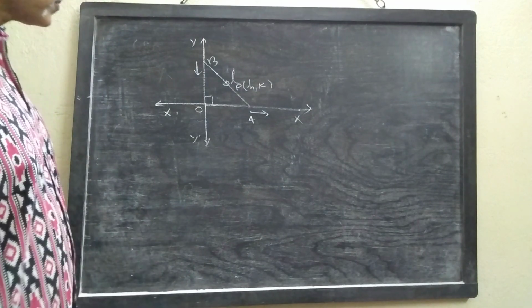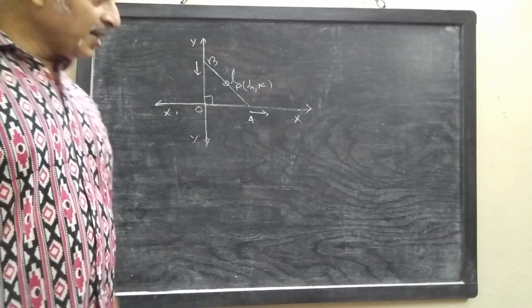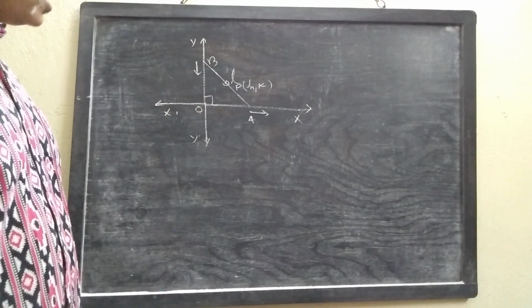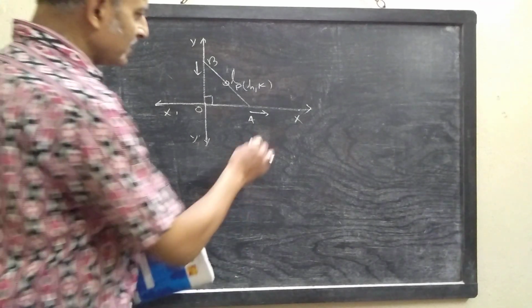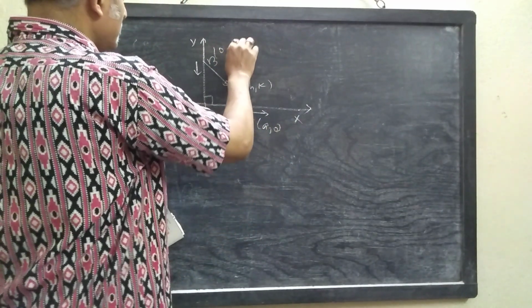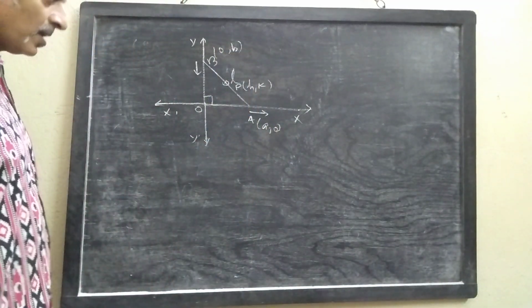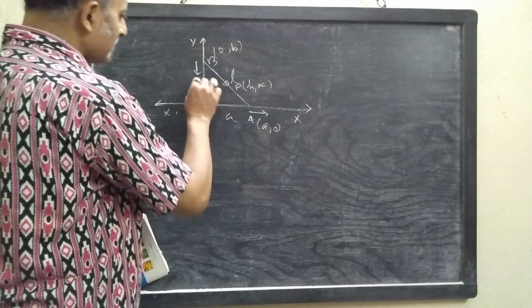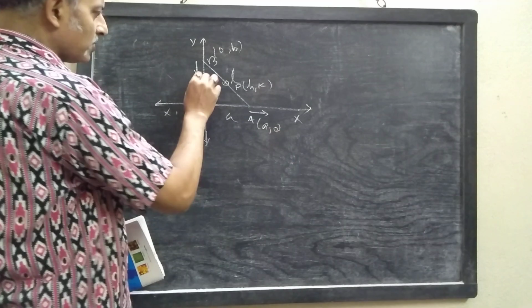So write down. Let P(h, k) be the midpoint of the rod AB, where say coordinate of A is (a, 0) and coordinate of B is (0, b). So that means this distance OA is a units and OB is b units. Okay.